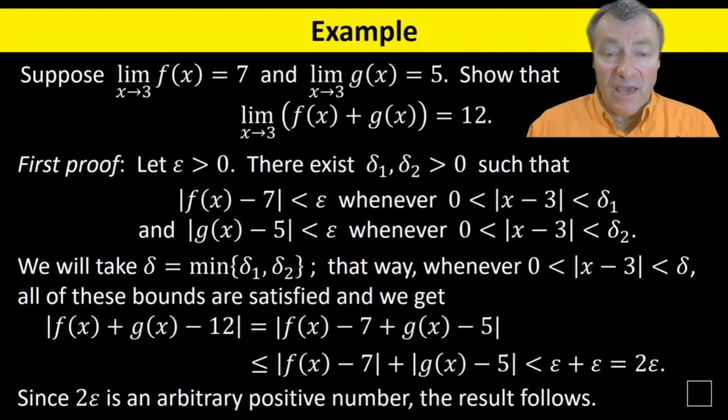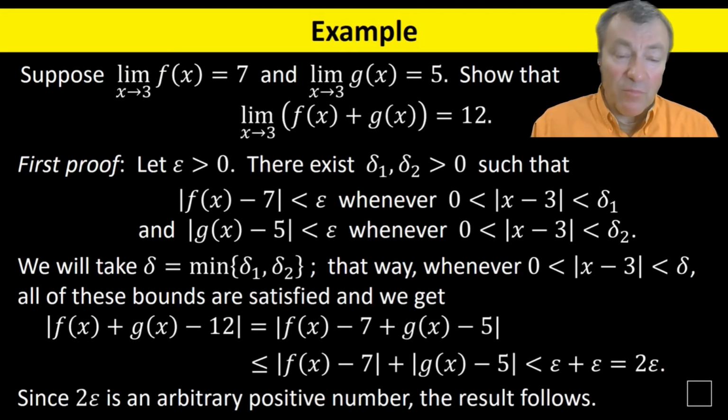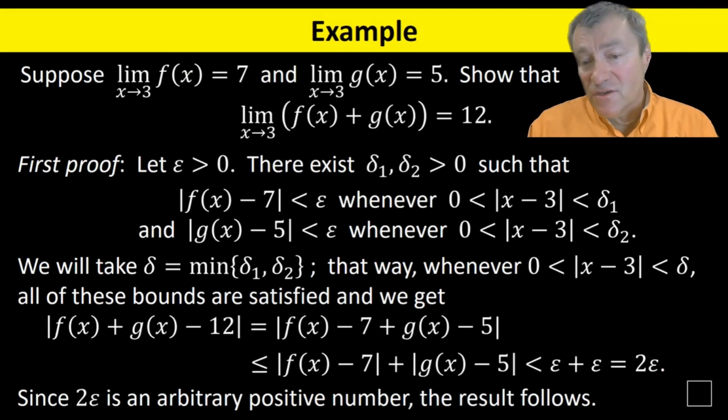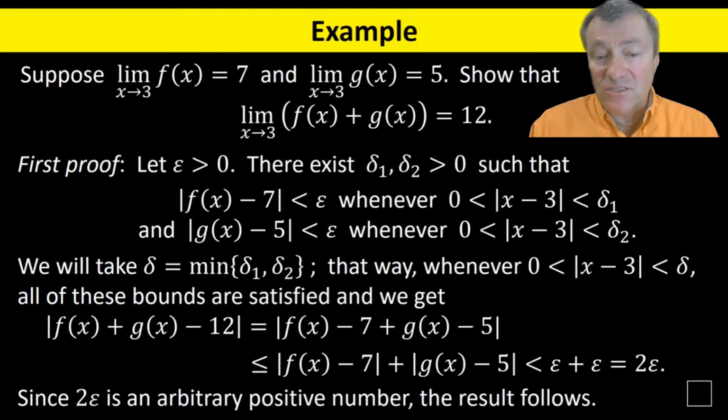Now, that doesn't get the required thing to be less than epsilon. It gets less than twice epsilon, but of course, the goal was just to prove that something can be made as small as we want. And the point is still served, so any good analyst would say this is a proof.